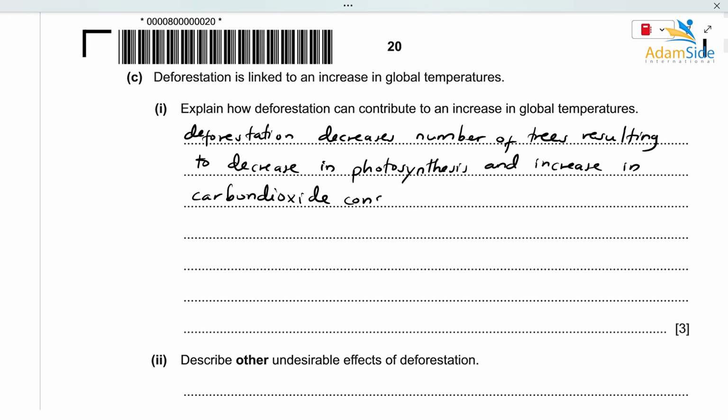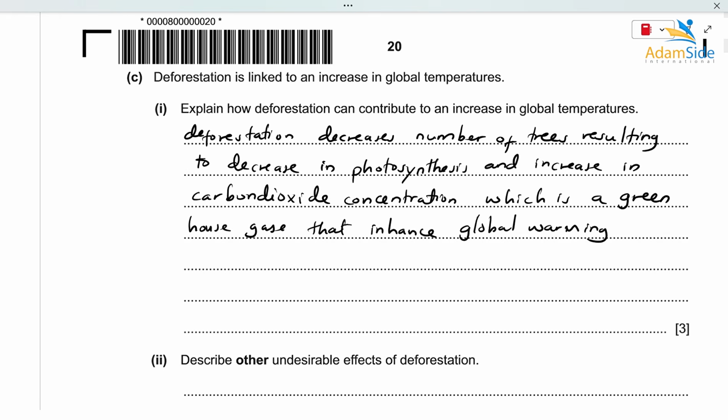An increase in carbon dioxide concentration, which is a greenhouse gas, enhances global warming.